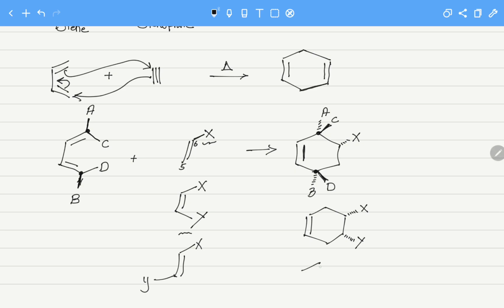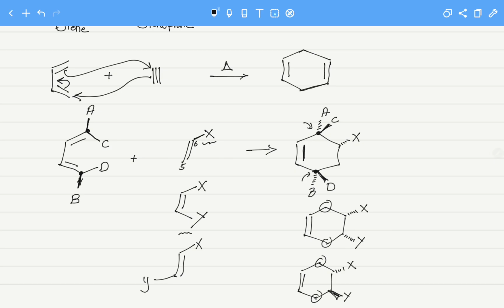And if we have a trans alkene as a dienophile, then we will draw one of the groups as dash and the other one as wedge. And of course, you have to just keep the stereochemistry at these carbons as this one. So this is a general way for drawing products for Diels Alder reaction.